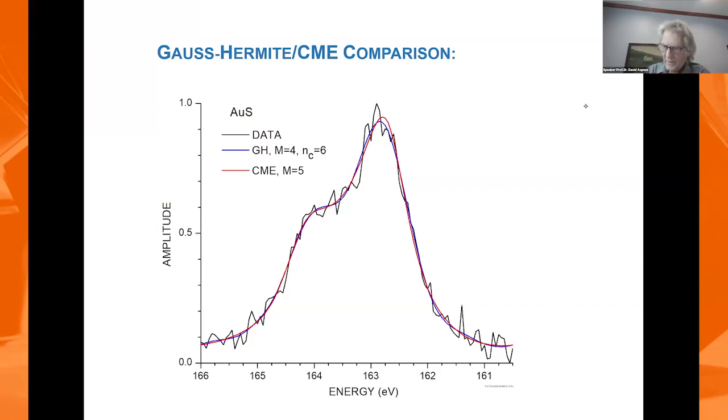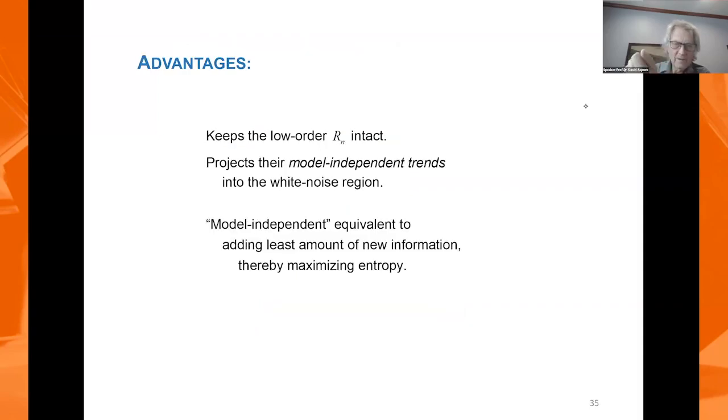Let's see what I got for time here. I think what I'm going to do is just put this up here. It keeps the low order coefficients intact, and projects model dependent trends into the white noise region. And why entropy comes into this is that it adds the least amount of new information, and therefore, as people tend to say it, that maximizes entropy.